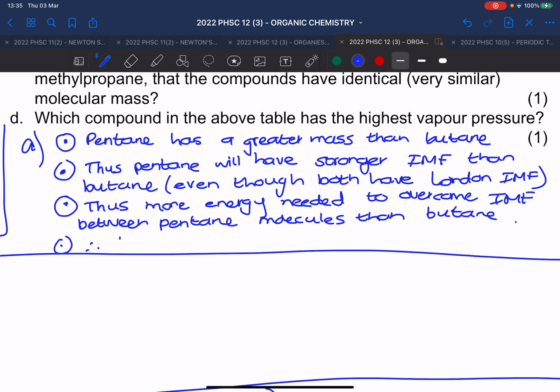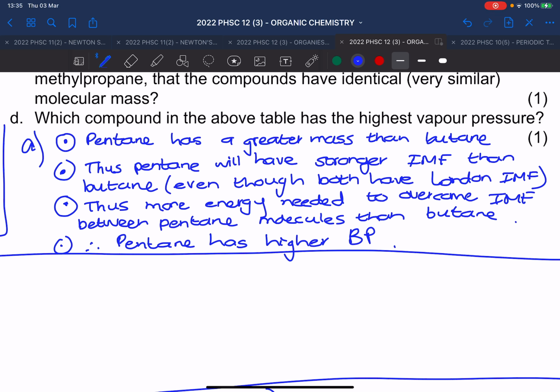Therefore, pentane has higher boiling point. Yeah. So you don't actually have to give the last bullet point.